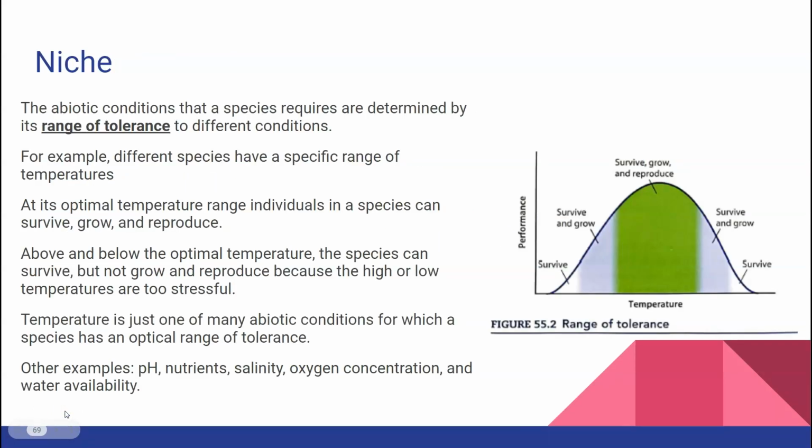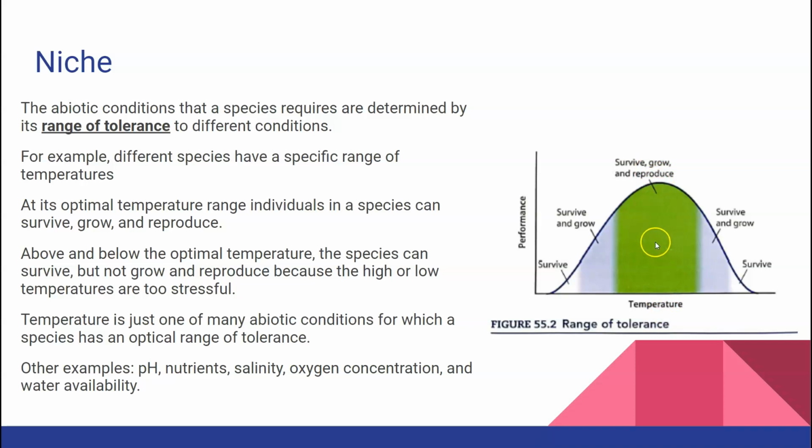In a niche, the abiotic conditions that a species requires are determined by its range of tolerance. Every species has an ultimate niche that it could have to survive, grow, and reproduce in the most optimal conditions. That would be here in the middle.